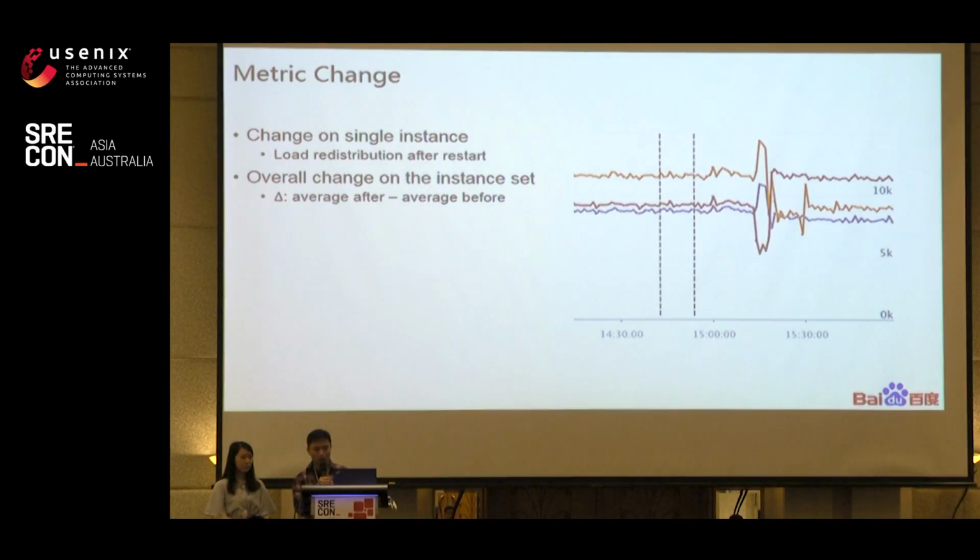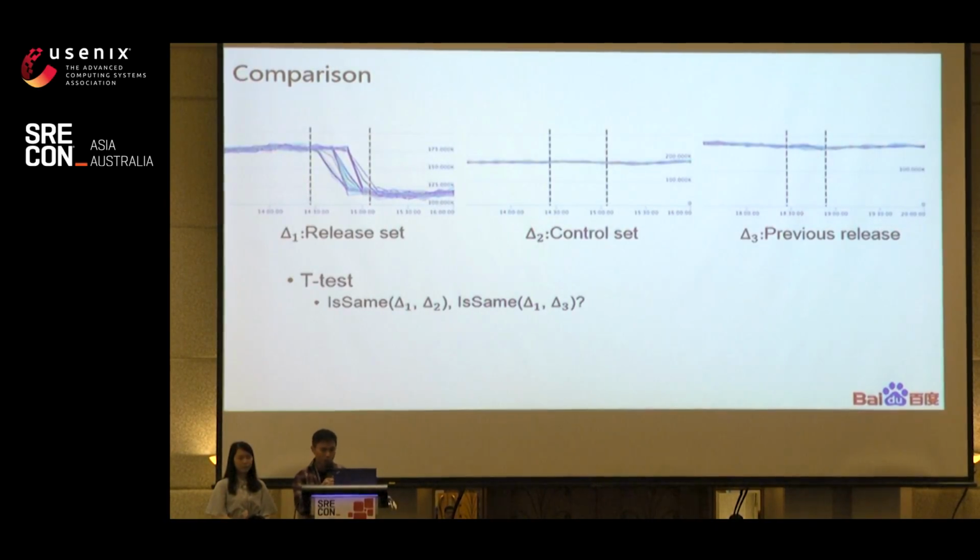After we obtain the delta, we have to decide whether the delta is similar to the control set or the previous release set. So we have three deltas now. Delta 1 refers to the current release set, delta 2 refers to the control set, and delta 3 refers to the previous release set. All these three deltas are the average difference of the instances.